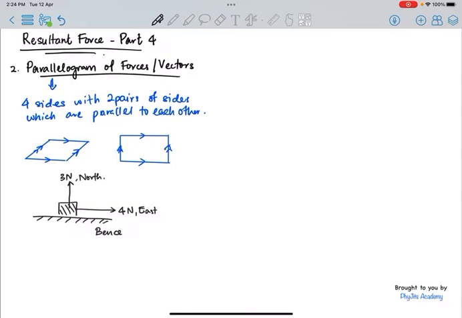Learning from the triangle method, we know that we have to join the two vectors. Whereas in the parallelogram, the way to do it is not by joining the two vectors, but by starting the two vectors from the same point.